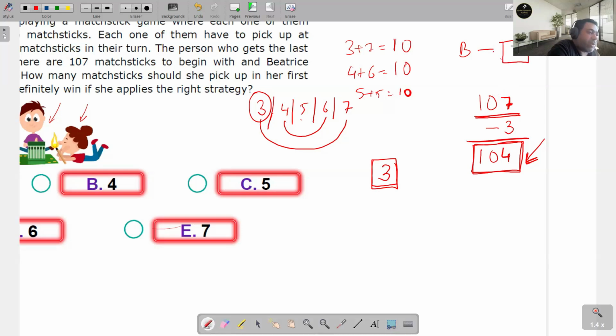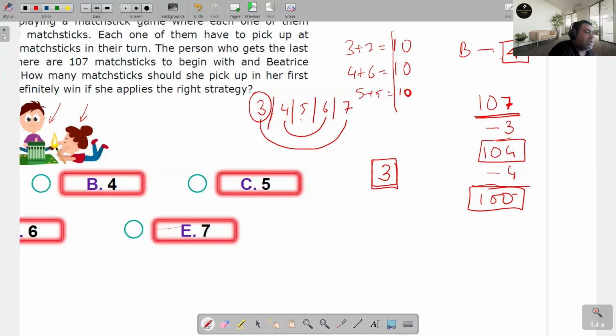If she picks up 4 matchsticks, how many will be left? 104 matchsticks are to be picked by both of them. If she picks up 4 matchsticks, then 100 matchsticks are left, and 100 is a multiple of these 10s. Correct. Now it's Adam's turn and Adam is going first.